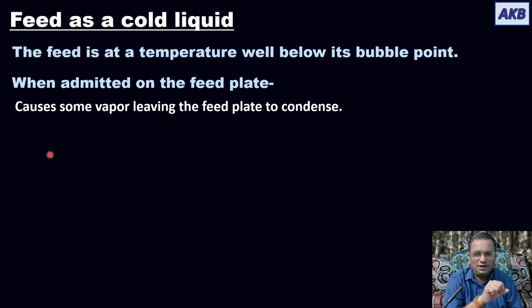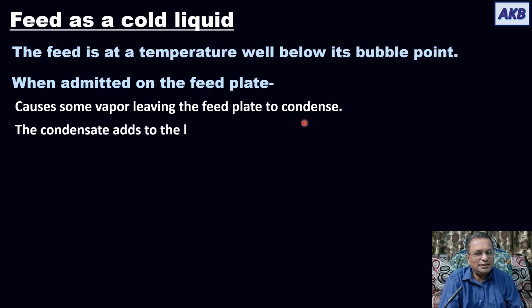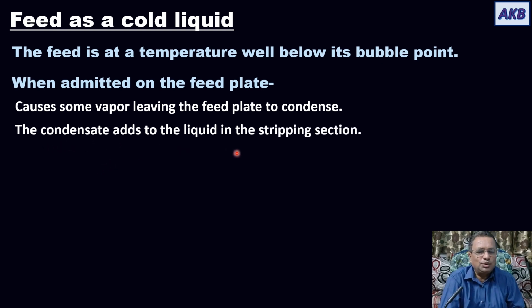So the first thing that happens when a cold liquid enters the column is that it causes some vapor leaving the feed plate to condense. And the condensate that is formed in the process, what happens? This condensate gets added to the liquid in the stripping section. So the condensate, which will be a liquid, will be adding to the liquid that is there in the stripping section.